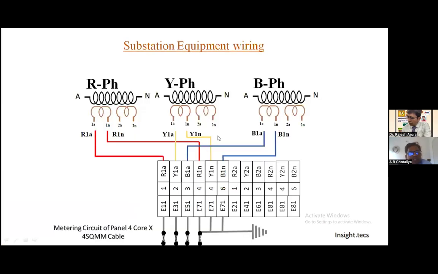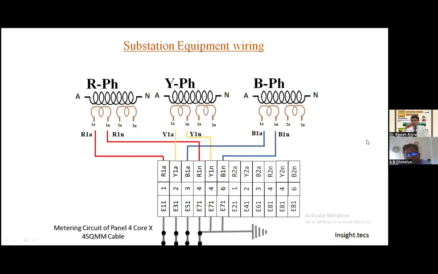Okay, the connections of the three-phase PT are done like this. For the metering, 1A will be connected to here and 1N will be connected here. So on Y and B phase, and now the four wires will go to the panel from the PTMK box, which will be E11, E31, E51 and E71, that is R phase, Y phase, B phase and neutral, same like CT.